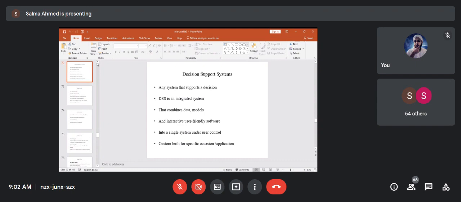and the software elicits data, makes use of certain model, and gives you an answer.